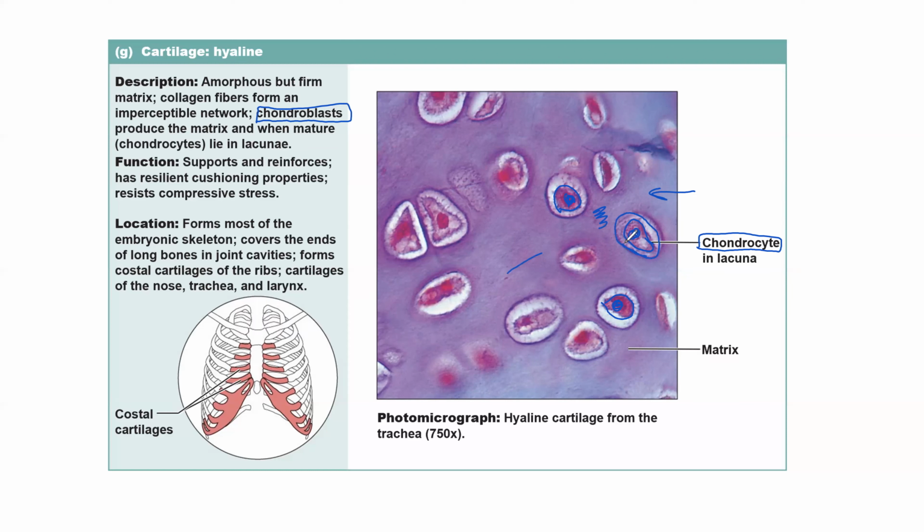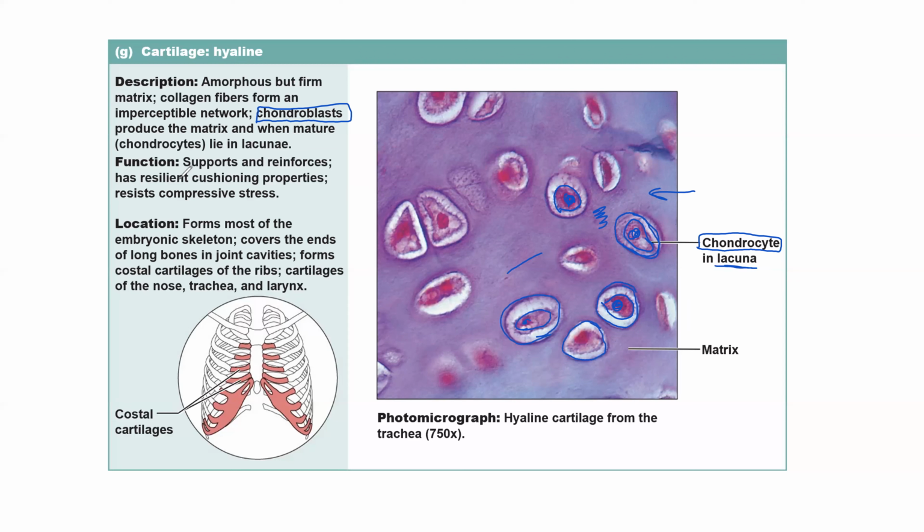So there will be fluid inside the lacuna, and lacuna means little lake. Each chondrocyte is inside a lacuna. To me, they look like eyes, like somebody's eyes. You have this white, and then you have your iris and the pupil. But whatever helps you remember that this is our hyaline cartilage.